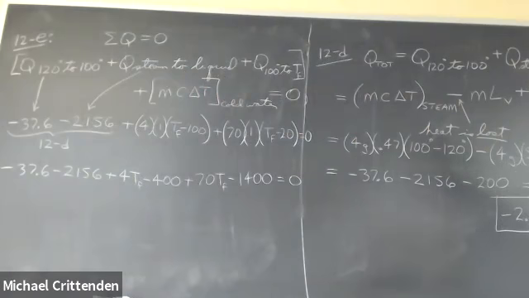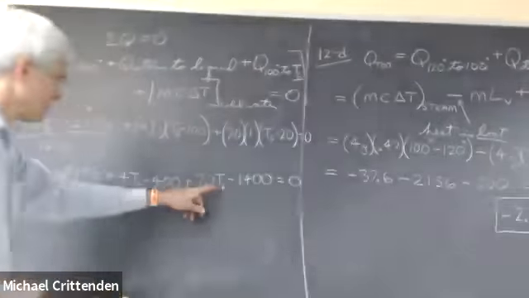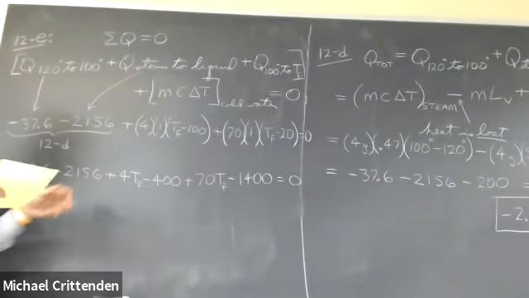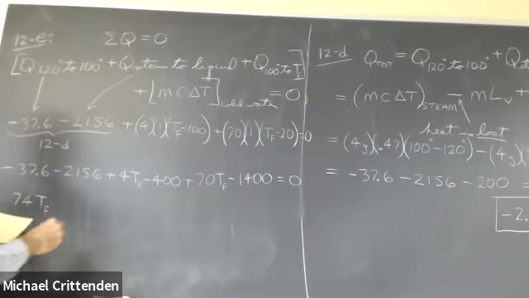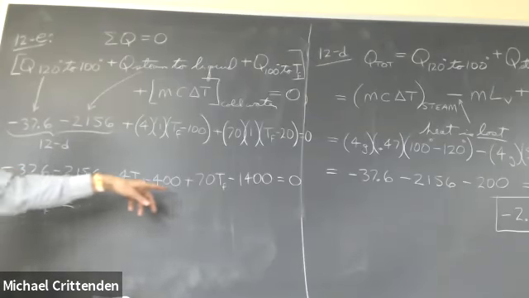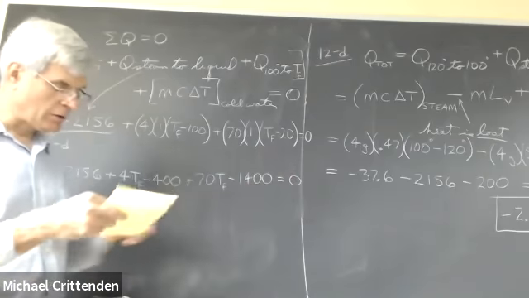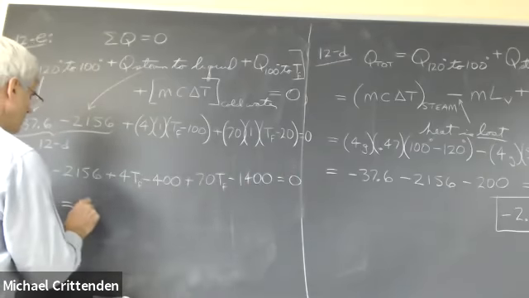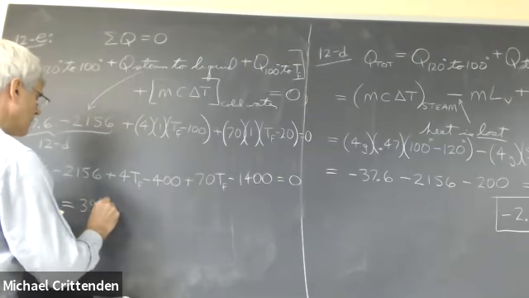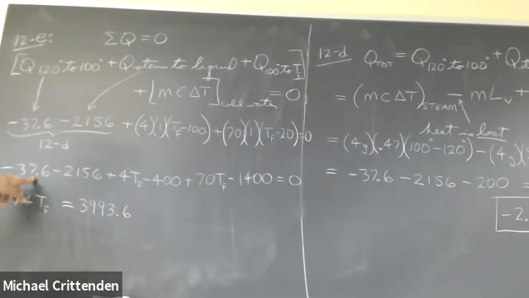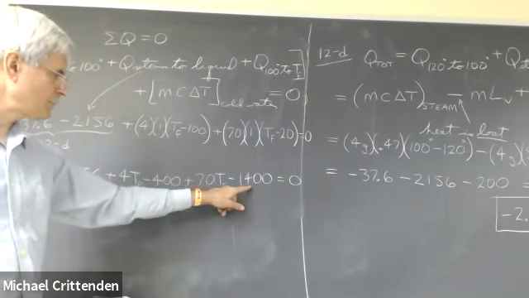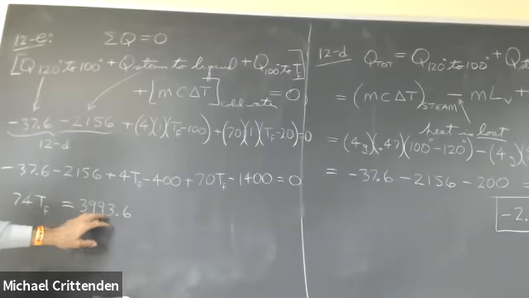Combine the like terms. 70T plus 4T is 74T. I added all these negative numbers to both sides and then put them all together, and that comes out 3993.6. That's 37.6 plus 2156 plus 400 plus 1400. Those four numbers added together give you this.